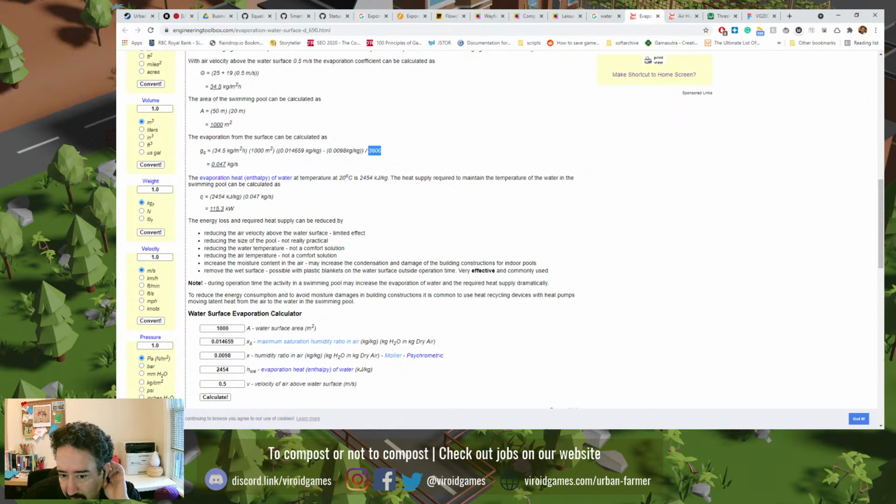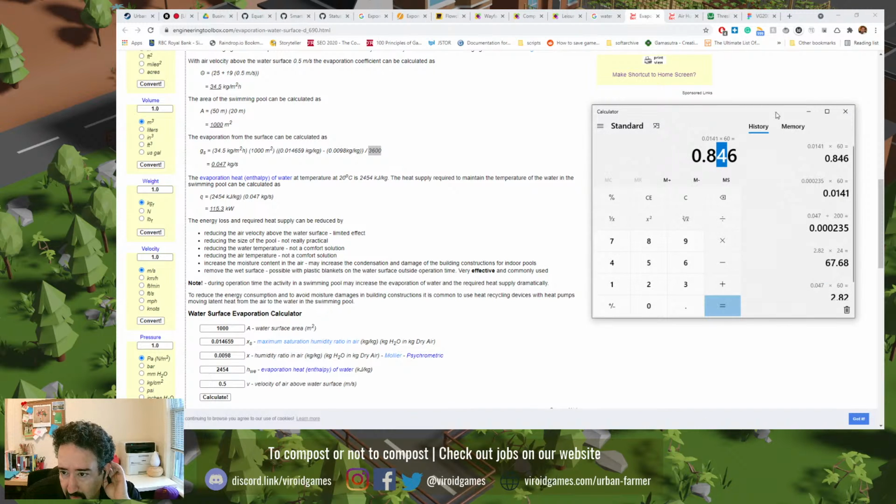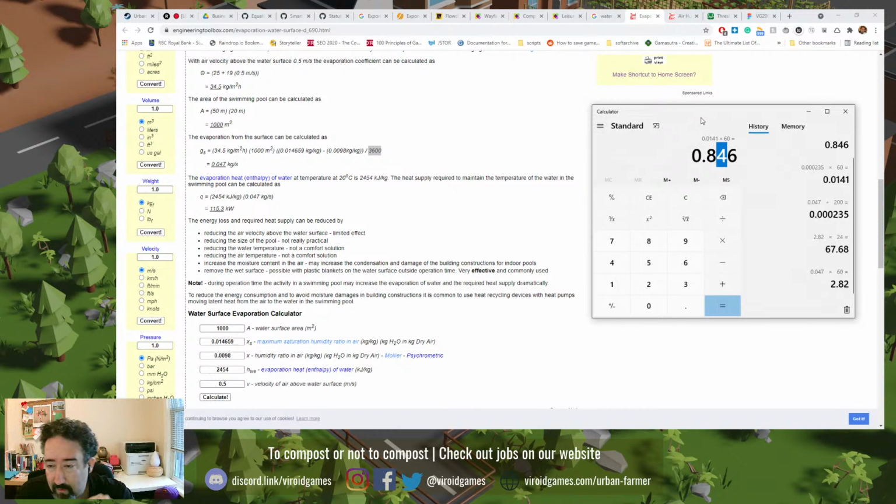So did we say, where were we? We said every hour it loses 2.82 liters of water for a swimming pool, right? That was for a surface of 100 square meters.